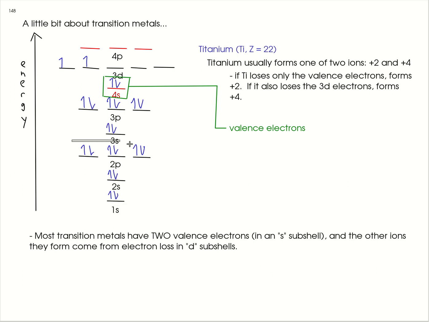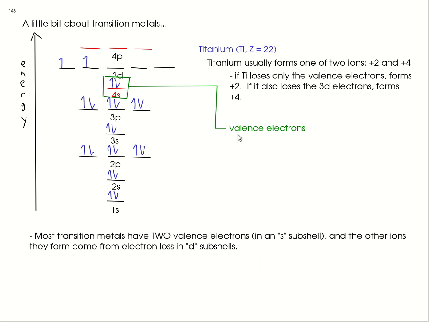So we have 2, 4, 6, 8, 10, 12, 14, 16, 18, 20, and here's 21 and 22. So notice these two are going in by themselves. They won't start to pair in 3D until we've actually filled all the blanks with at least one electron.